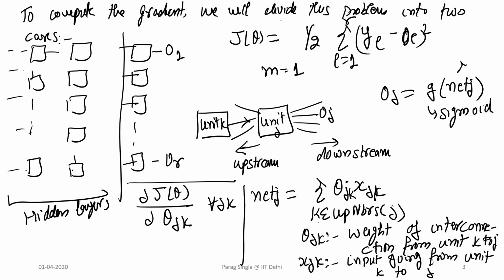This in turn will be computed in terms of the derivative of J(theta) over net j. So instead of directly computing the derivative with respect to theta jk, we'll express this in the form of the gradient with respect to net j, that is the net input into the unit j. This is the basic idea, and then we'll see why this really simplifies things.